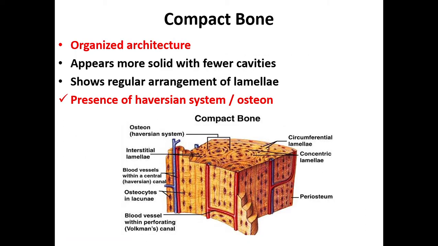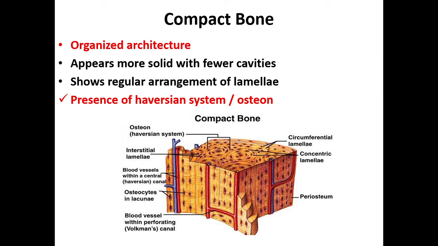The compact bone has an organized architecture. It appears more solid with fewer cavities. Under the microscope, we can see the regular arrangement of the concentric layers of the bone tissue, which we call the circumferential lamellae arrangement or concentric lamellae arrangement.